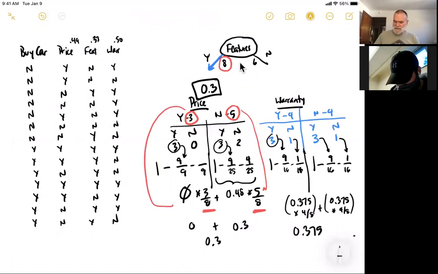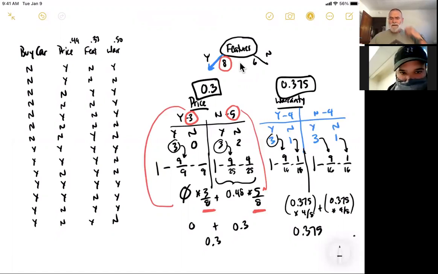All right, and then we see the Gini score for this becomes 0.375. That's just because the math here on the warranty side, the left and right halves of that were identical, with counts 3 and 1, 3 and 1. So they're even, and we can basically take that score for what it really is, since they're evenly weighted.